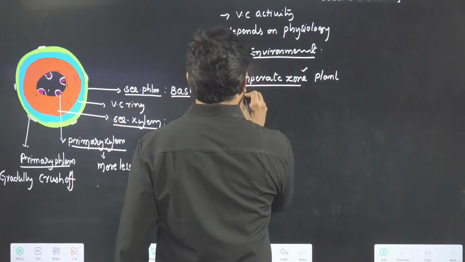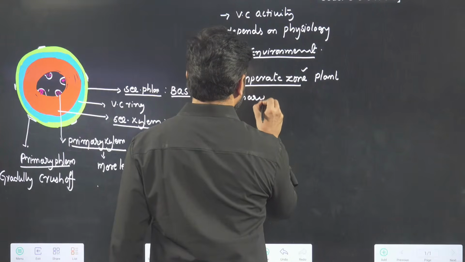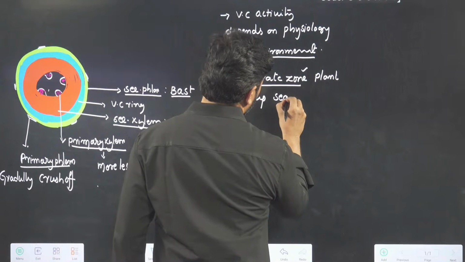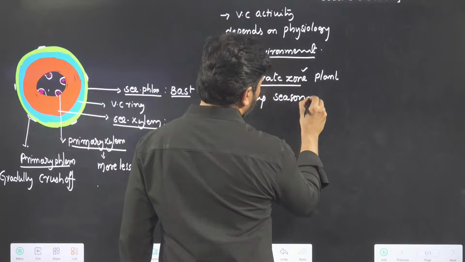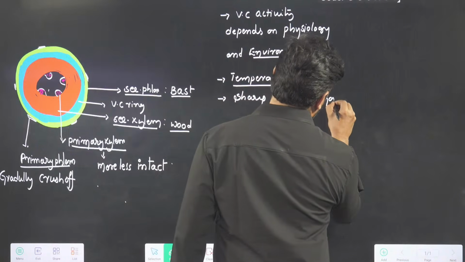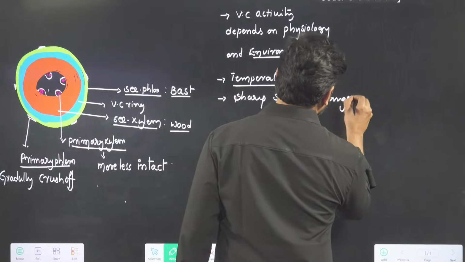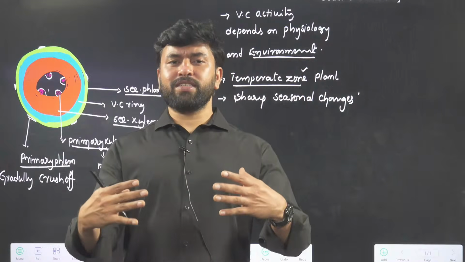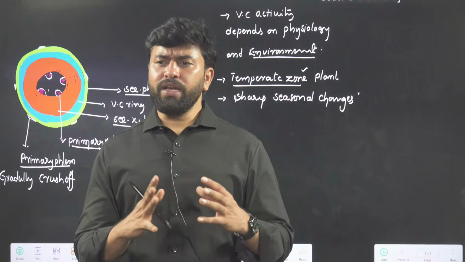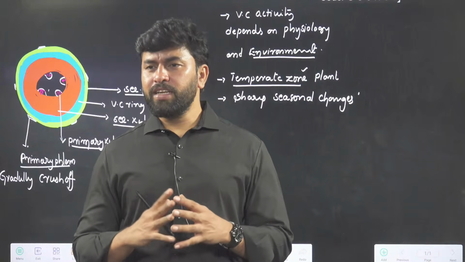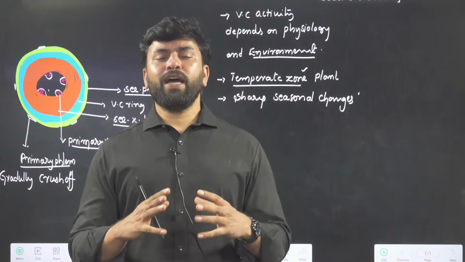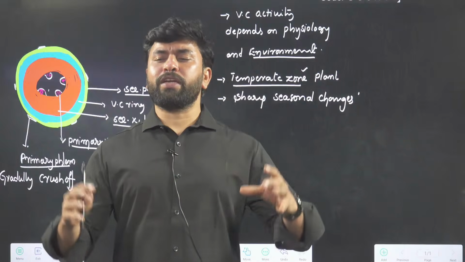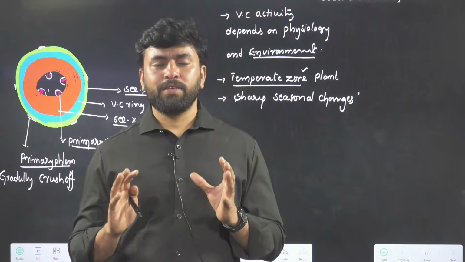Next, observe, when it comes to temperate zones, they have sharp seasonal changes. What does sharp seasonal change mean? From one season to another season, the environment totally changes. Let us see in our India, we have only one season throughout the year, summer.